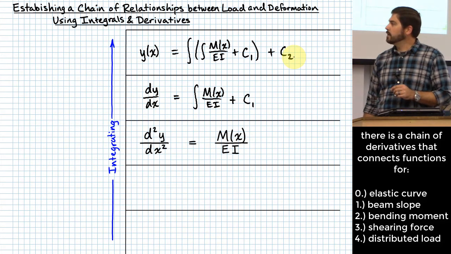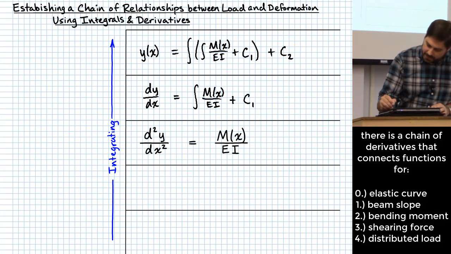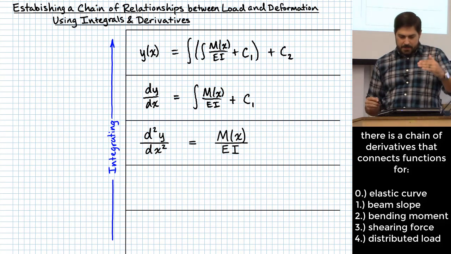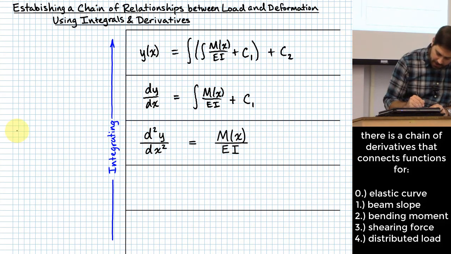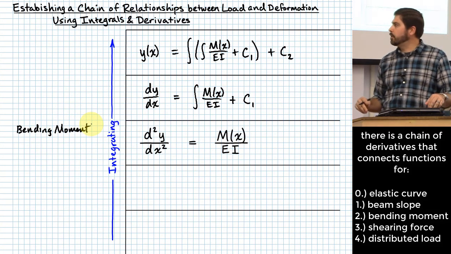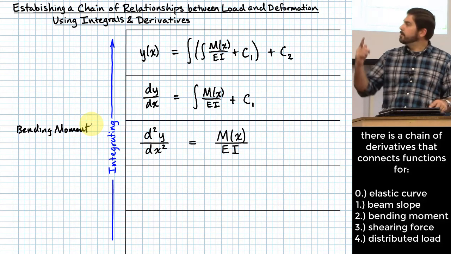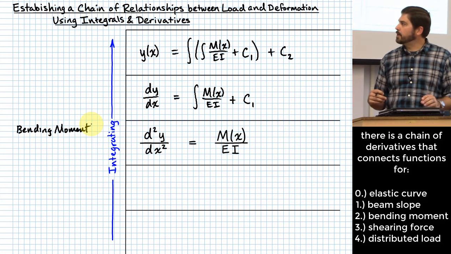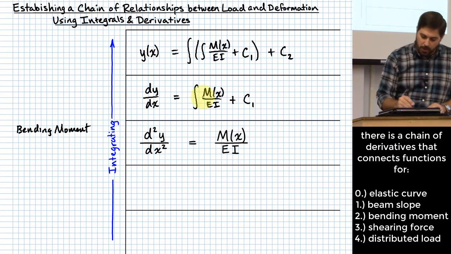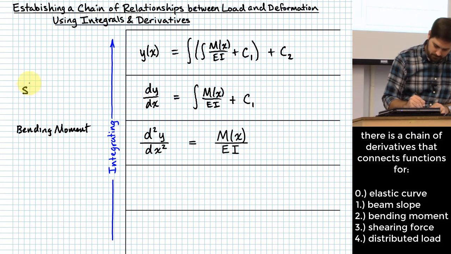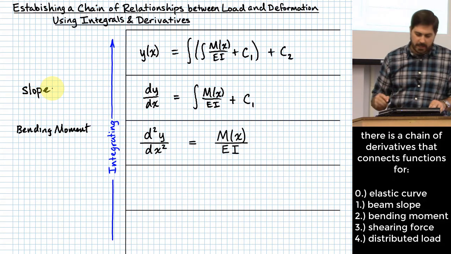Okay? So what I'm going to show you here is that we're sort of at these different levels of these derivatives, right? Down here we started with something that was related to bending moment. Right? It was bending moment along with a couple of elastic parameters, right? As I move up, to these other ones that I've identified here, what do I get in the next higher row up here? That's slope, right?